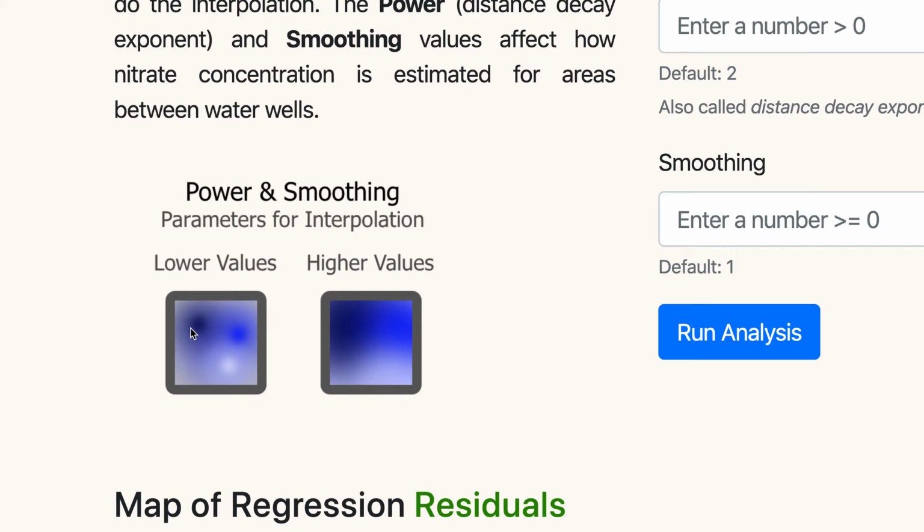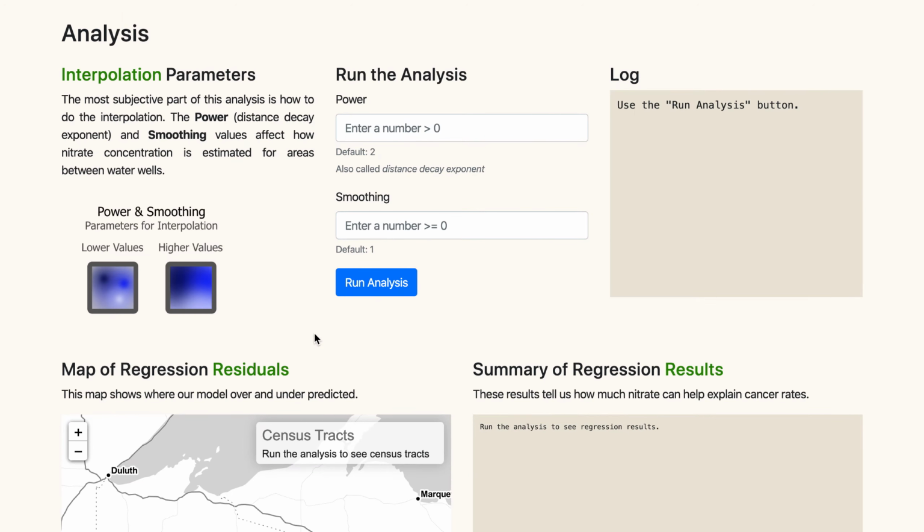How much influence should they have over their surroundings? So if you have a really high power and really high smoothing, you're going to see a surface that looks more like the surface on the right here, totally filled in, and those wells having an effect over the whole area. So let's zoom back out, and I'll go ahead and run.